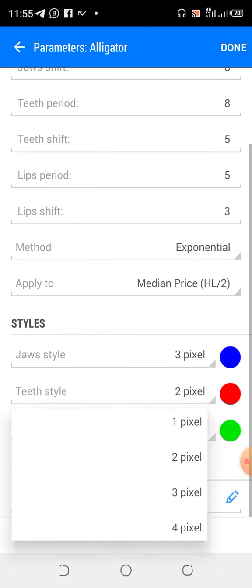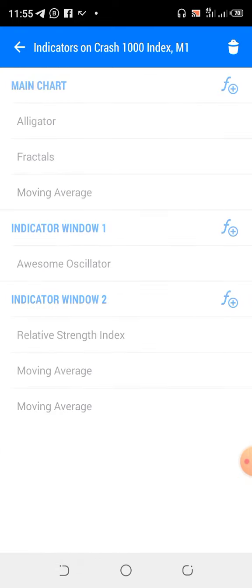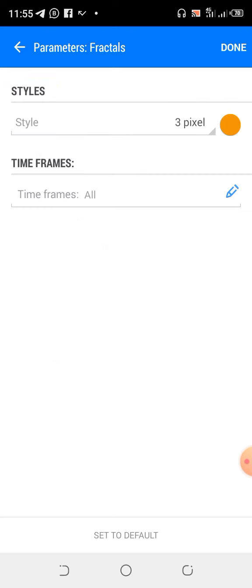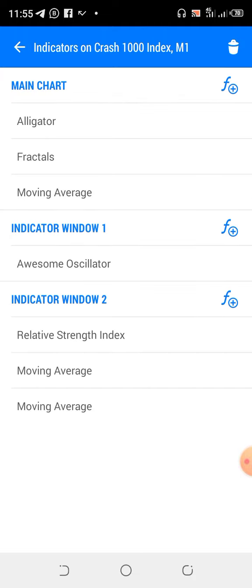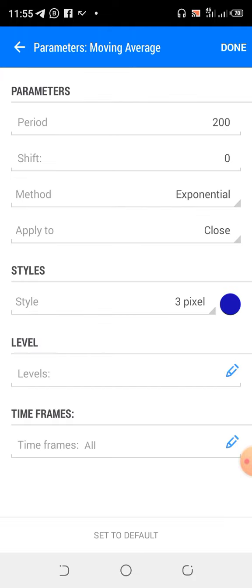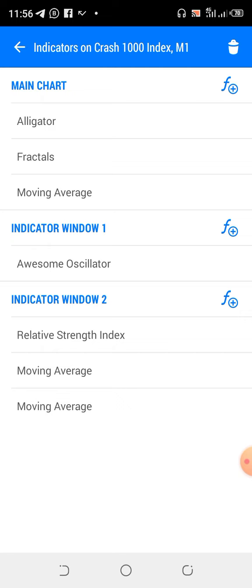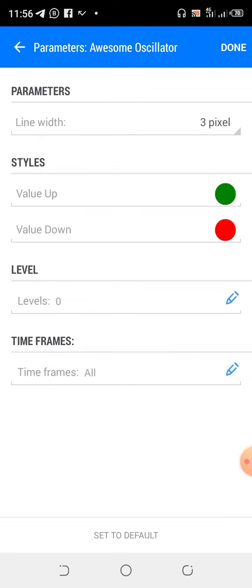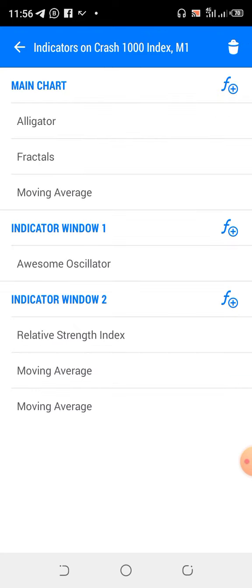Choose any color of your choice. I use fractal, you can change the color. The moving average I'm using is 200, to confirm when the market is in uptrend and when it's in downtrend, for me to see the clear movement of the market.